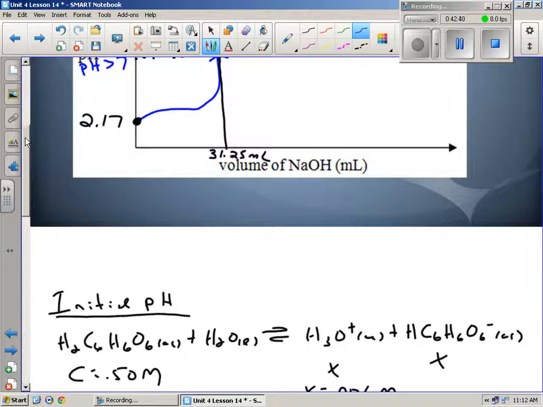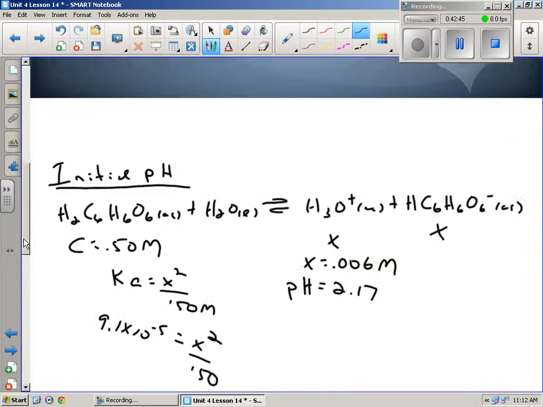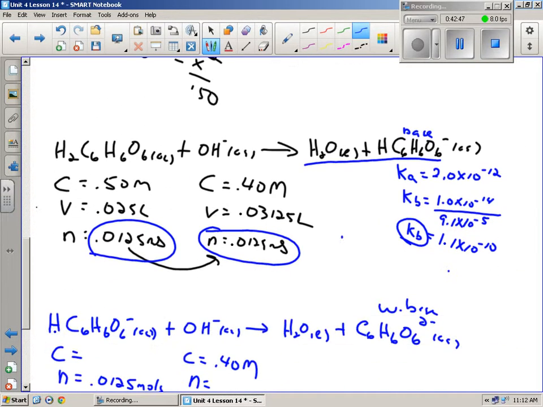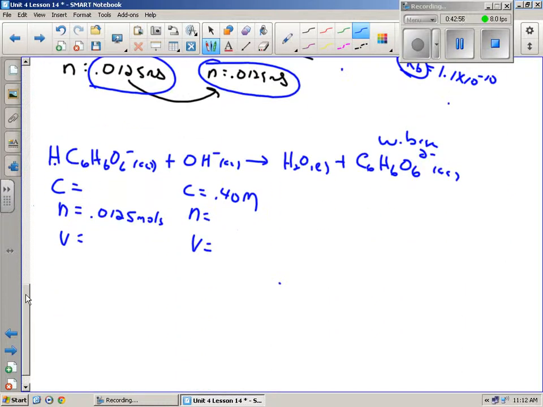And I started with 25 milliliters of the acid. So altogether, look right here, I had 25 milliliters. I added 31.25 milliliters. So really, down here, I have 25 and 31.25, which is 56.25. Is that right? Okay. So I actually have that sitting there.